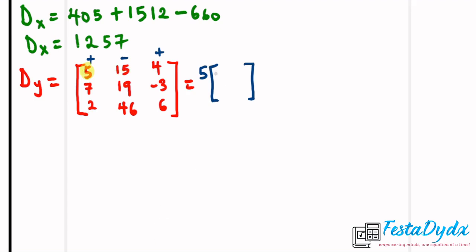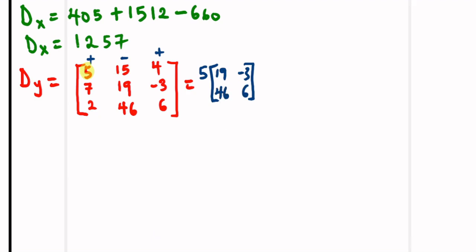The second element we have to work with is minus 15. We'll form a 2 by 2 matrix for it also. The rows and columns associated with minus 15 are removed. Now we have 7, 2, minus 3, and 6 left.